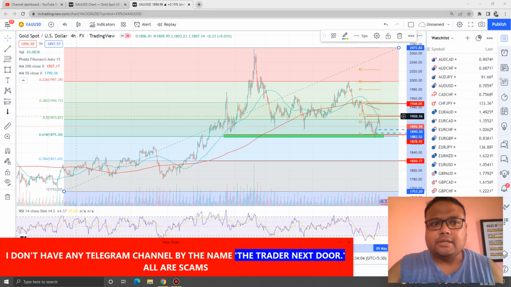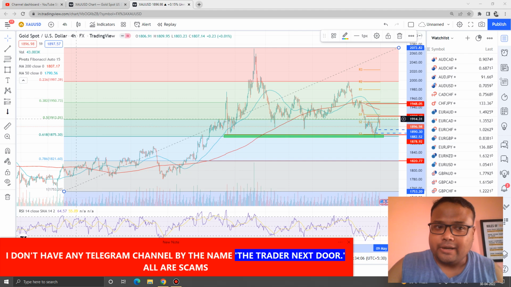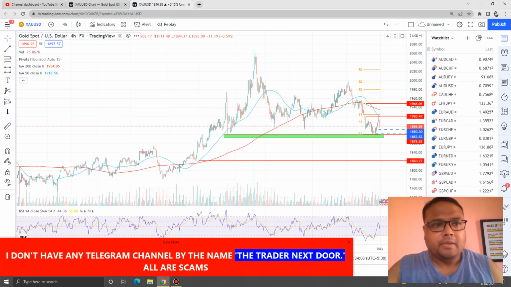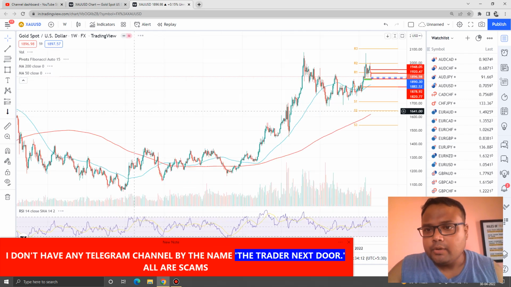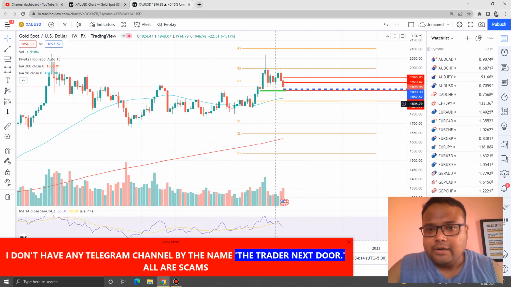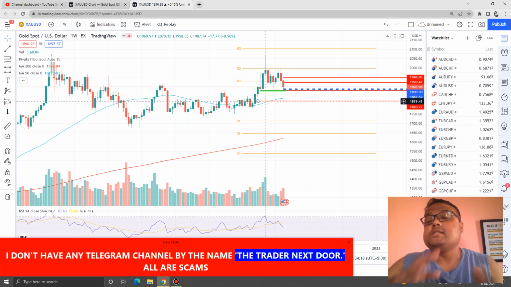Another reason to consider this support as a very important one is the weekly chart. If I take you to the weekly chart of gold, you can see that around 1820, 1821 we also have support in the form of pivot lines.